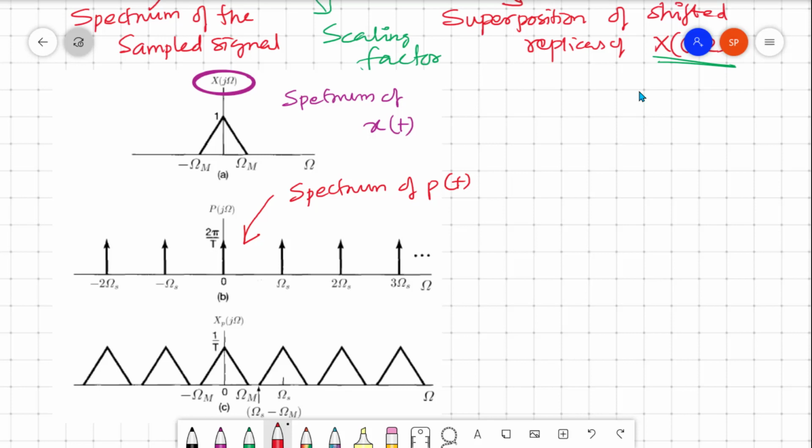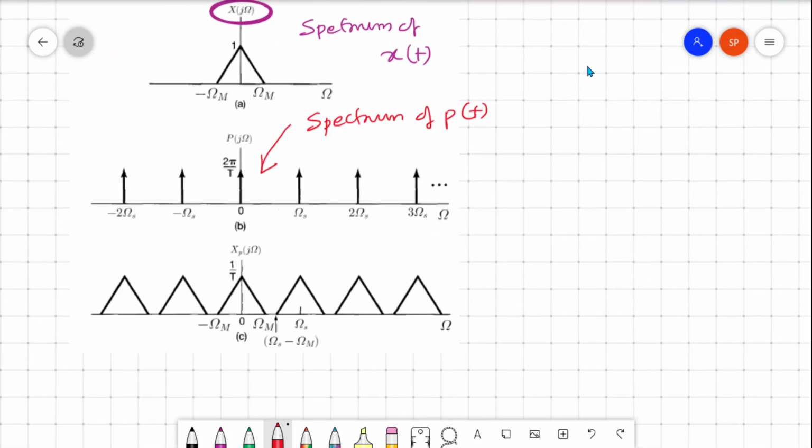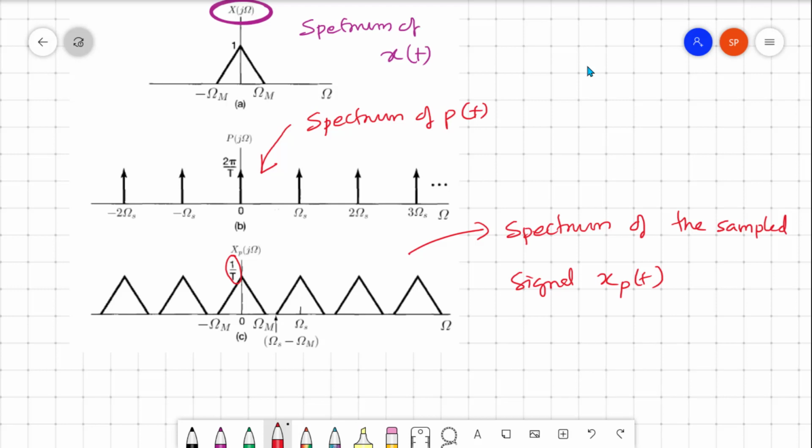So the result which we have just now derived says that when we find the spectrum of the sampled signal Xp of t, what we are getting is the superposition of the original spectrum scaled by a factor 1 by T. You can see that it is scaled by a factor 1 by T, and the spectrum of the original signal x of t is appearing at the locations of the impulses, or we can say at the locations of the spectrum of the impulse train.